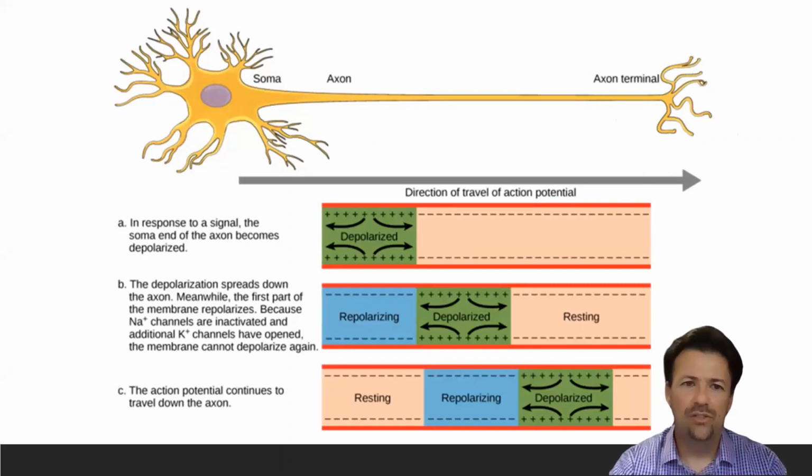So this diagram here is simply another diagram that is explaining what I was just telling you. The action potential starts here at the axon hillock, and it moves down the axon. This region is depolarizing. It spreads to this region, and it doesn't spread backwards because the region before is repolarizing.